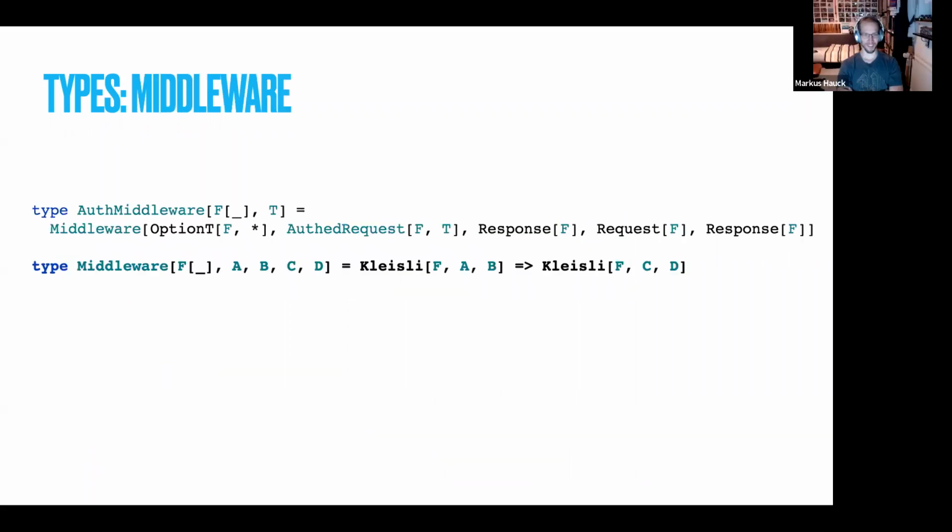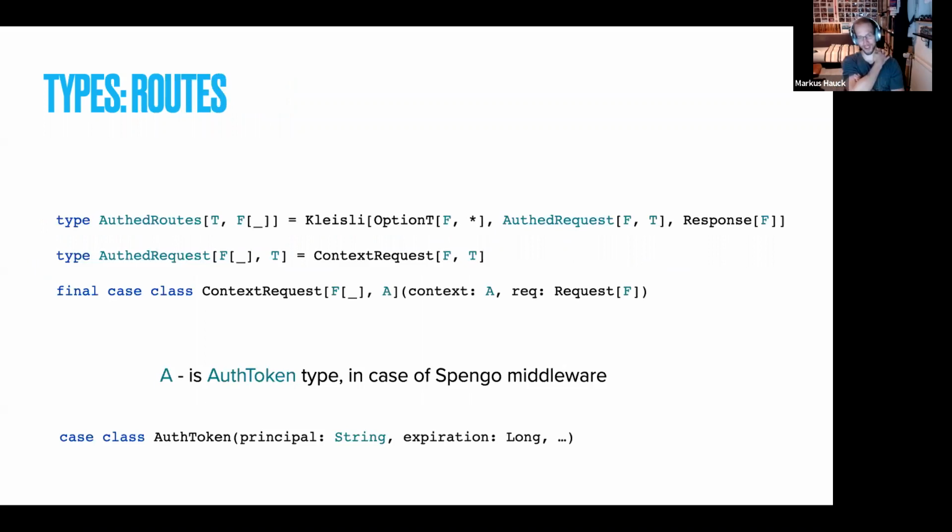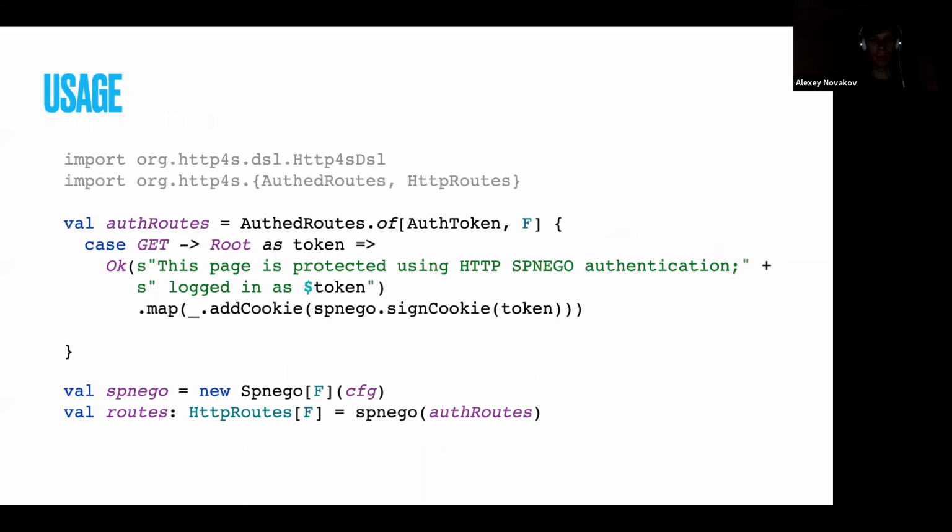Wait, that's a lot of type aliases. Can we try to unpack that? So what in the end was our auth routes in the slide before that? Our authed routes, you mean on the slide? So we have an AuthedRoutes of AuthToken and F, right? So it's generic over the effect. Yes.